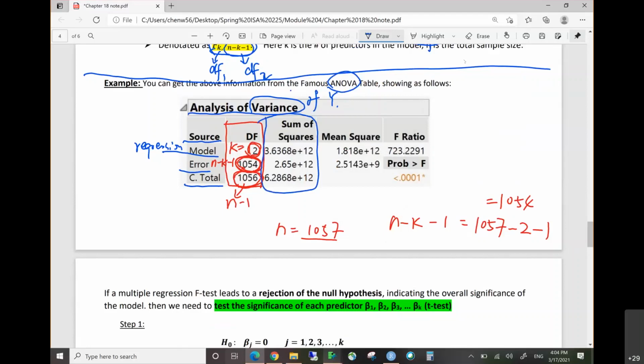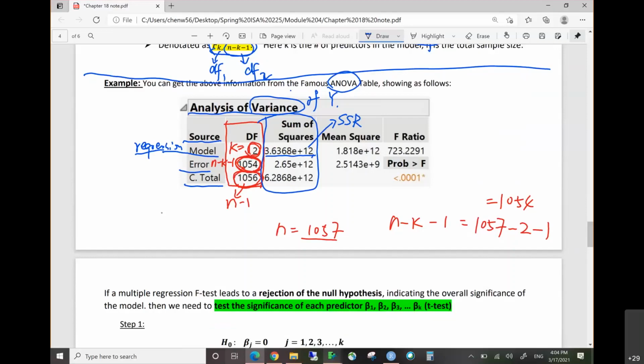Right? Okay, so what are these values? The first one is the sum of squares, so of course it is SS something, right? This is SS for the regression, so that will be SSR.